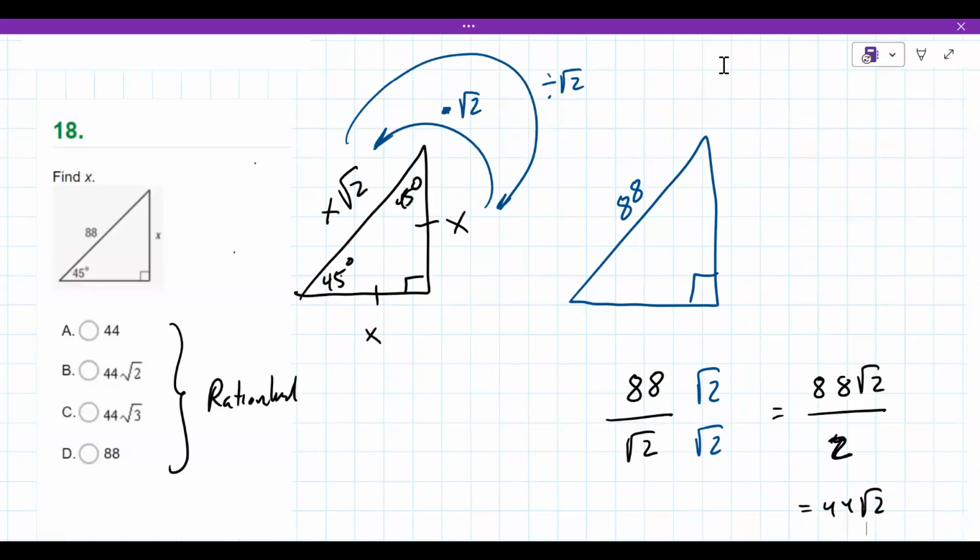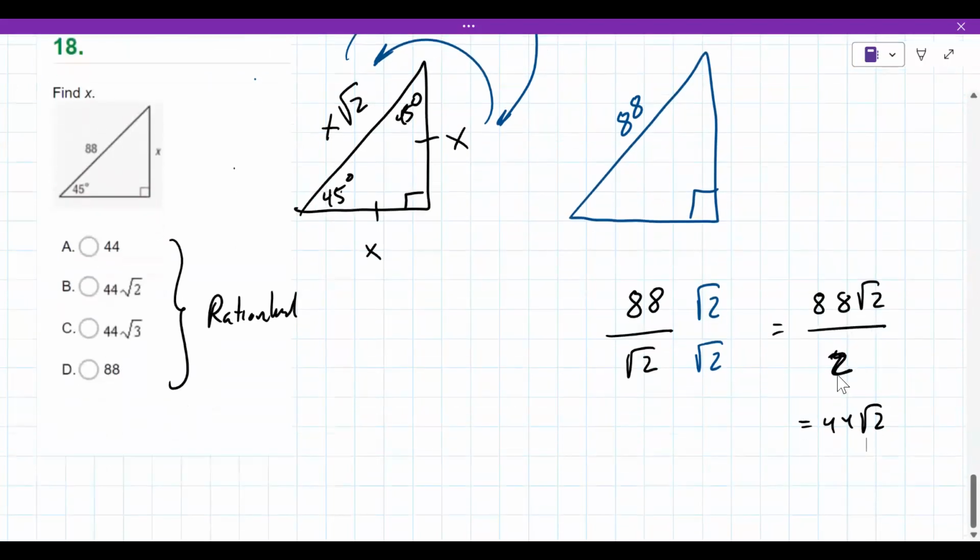He was giving me 62. I don't know how you're getting the 44. So the square root of 2 times the square root of 2 is the square root of 4, which becomes 2. Oh. And then 88 divided by 2 is 44.